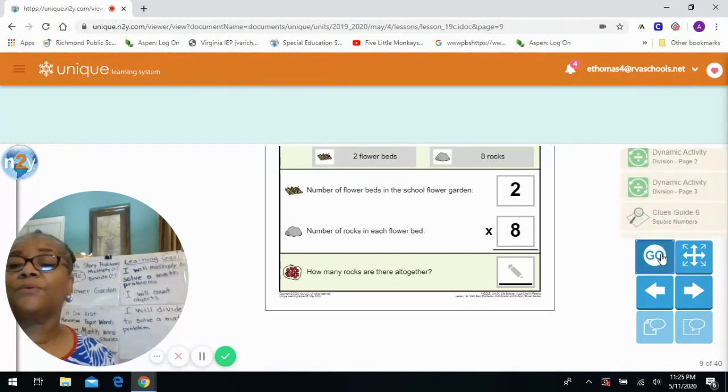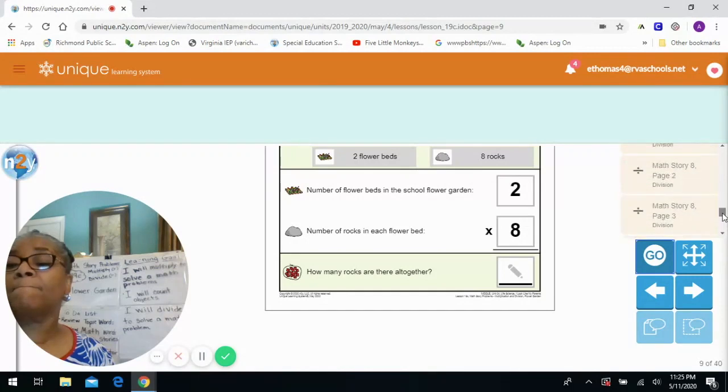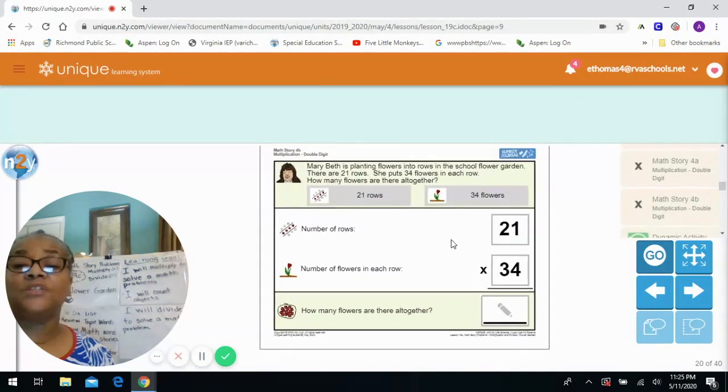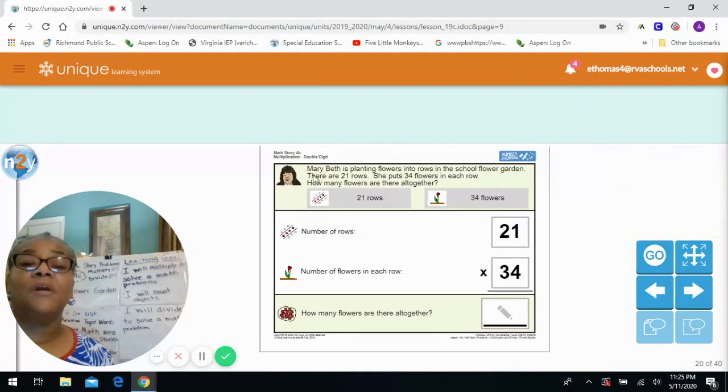Let's go to a double digit. With double digits, we're going to use our calculator. Mary Beth is planting flowers into rows in the school flower garden. There are 21 rows.